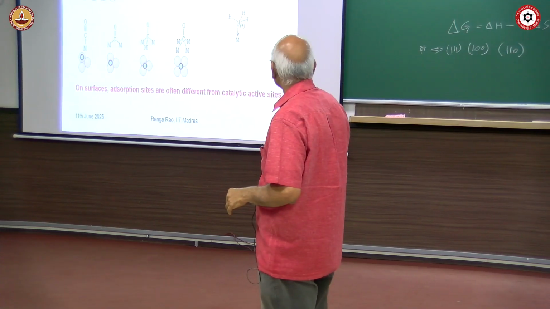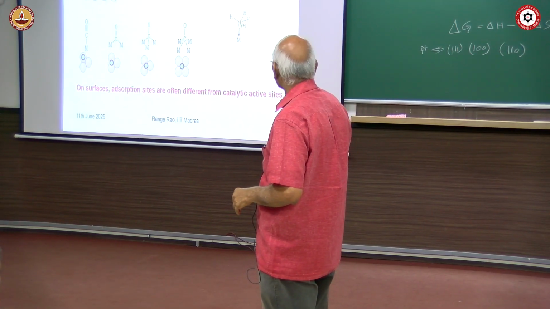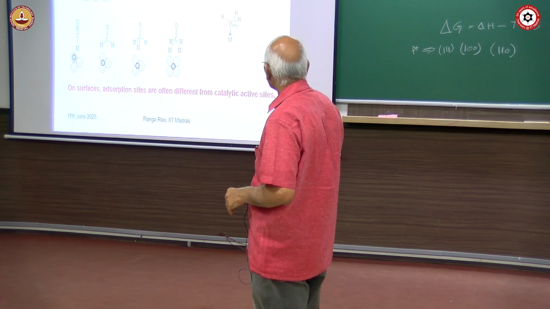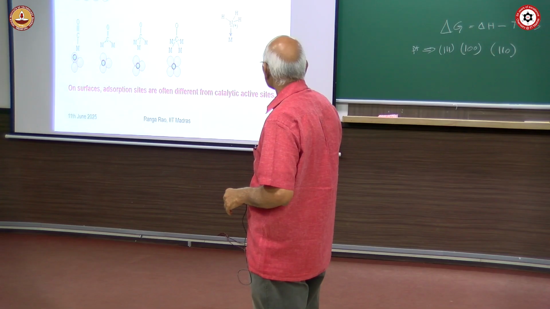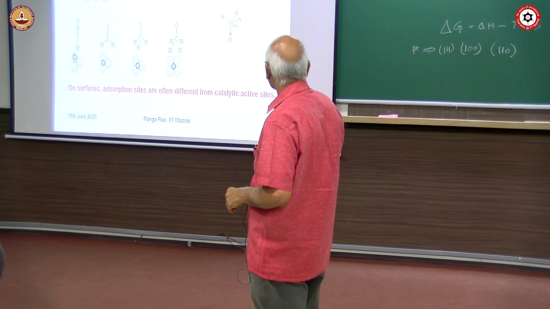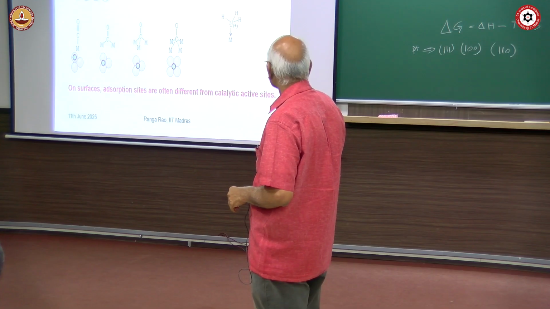So now this pi bond can interact with the metal atom, forming a pi complex. It can also happen that this pi bond completely breaks and makes new bonds with metal atoms here. That will give you a di-sigma adsorption.